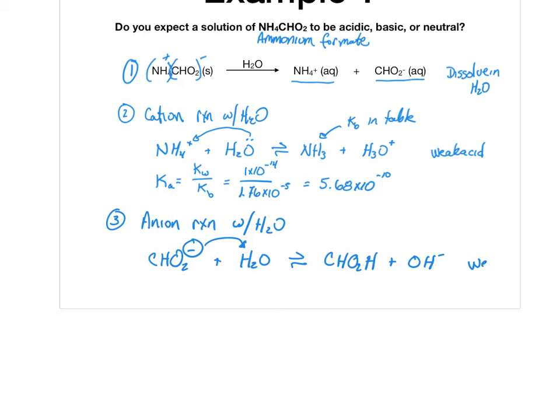This is a weak base, and so the reaction can be described by a Kb that equals Kw over Ka, which is 1 times 10 to the minus 14 over the Ka of formic acid, which I'm using my table right now, is 1.8 times 10 to the minus 4. And so I get 5.56 times 10 to the minus 11.